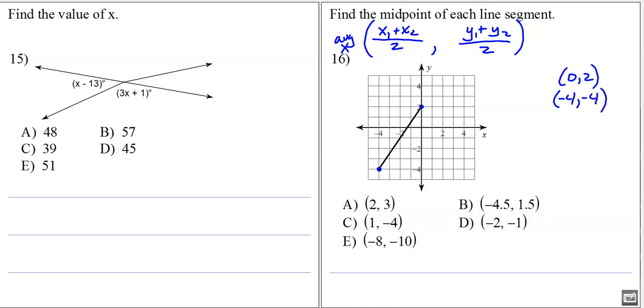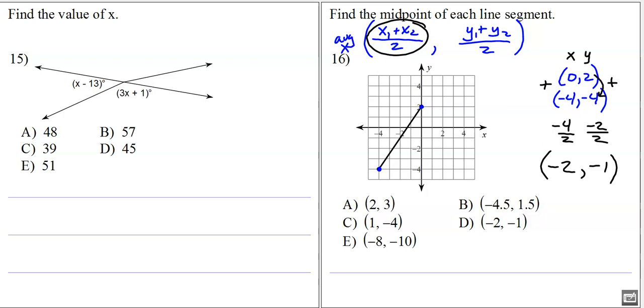I like to stack them like this. Sometimes it's easier because I can handle the x's and y's separately. So using this part of the formula, I add these two x numbers and divide by 2. Then I add these two y numbers and divide by 2.